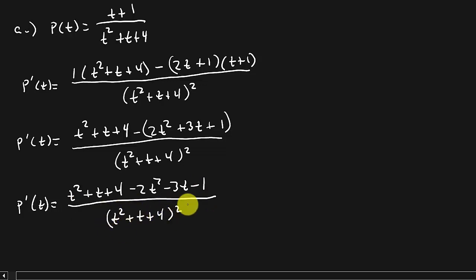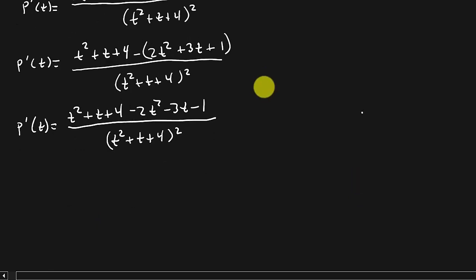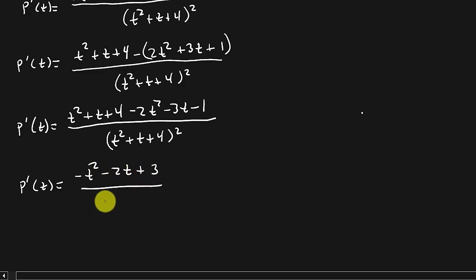And so P prime of t is equal to negative t squared minus 2t plus 3 over t squared plus t plus 4 squared.